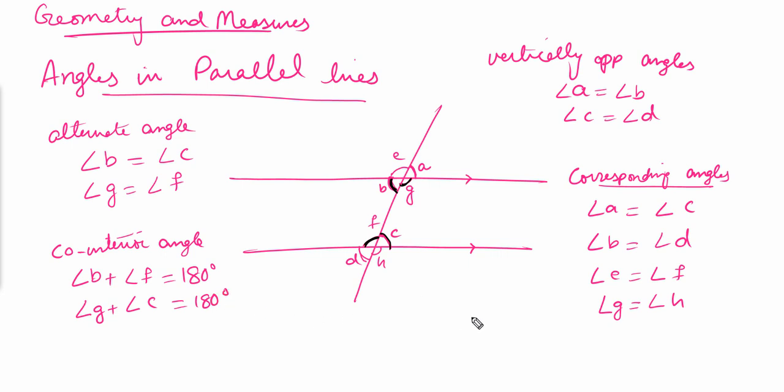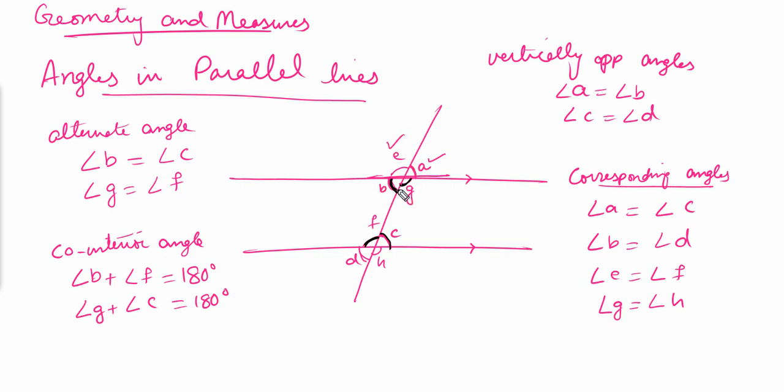So these are some of the angles in parallel lines: the vertically opposite angles, alternate angles, corresponding angles, and co-interior angles. One more thing that I would like to mention are the angles on a straight line. It's a simple fact that the sum of angles on a straight line is equal to 180. For this figure, angle A and angle E are on a straight line.